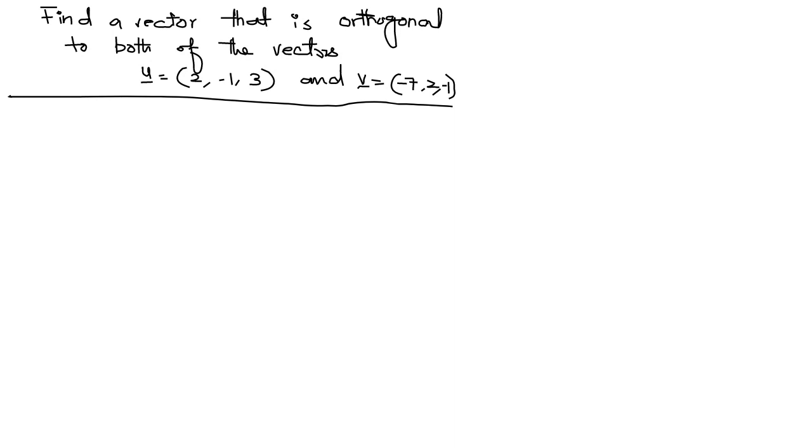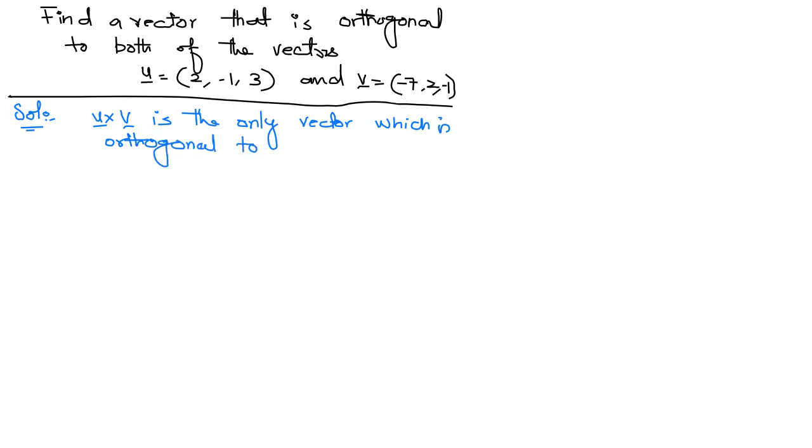We have to find the vector which is orthogonal to U and also orthogonal to V. By using the last theorem, we know that U cross V is the vector orthogonal to both U and V. So now you have to find U cross V.